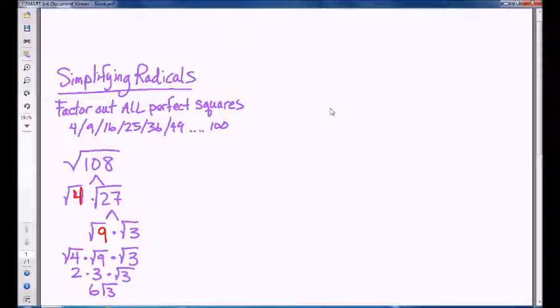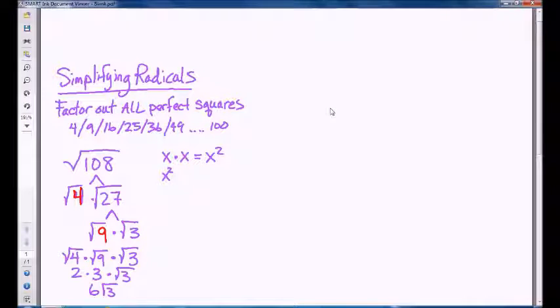Now, some of these problems you will run into might have variables. Let's look at perfect squares of variables. Squared means you multiply something by itself. We're going to use x's. We like those better. X times x is x squared.